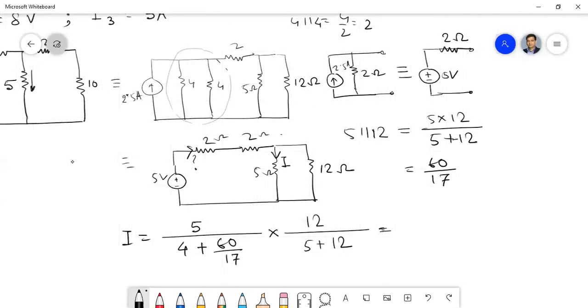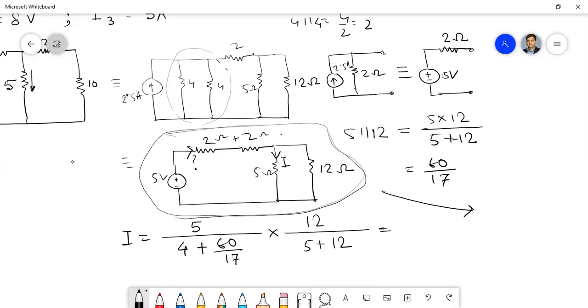So have you understood up to this? Sir, can you explain the last part? Okay. Yes, sir, definitely I will explain. Up to this circuit it is okay. Then you see 5 volt in series with how much? 4 ohm. And in parallel what is there? 60 by 17, na?